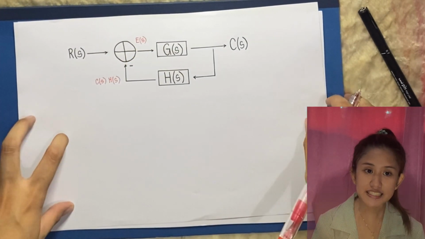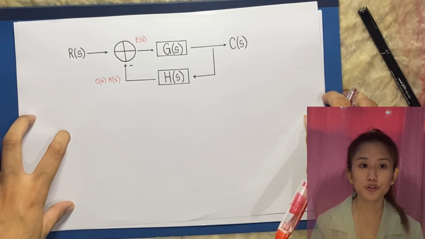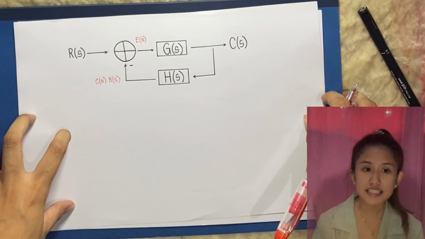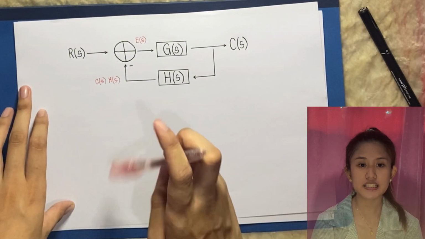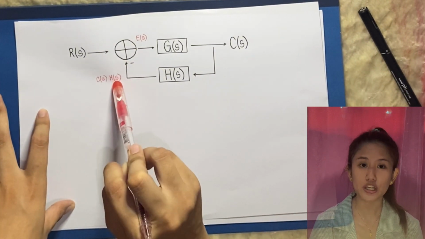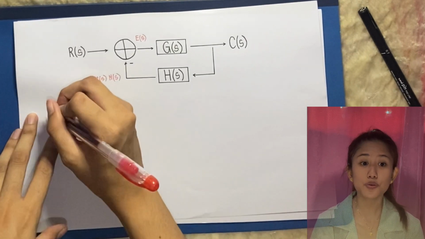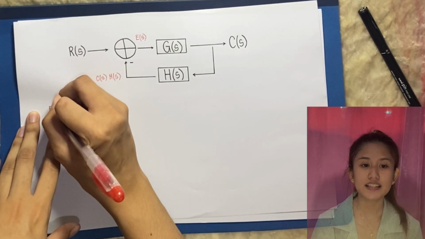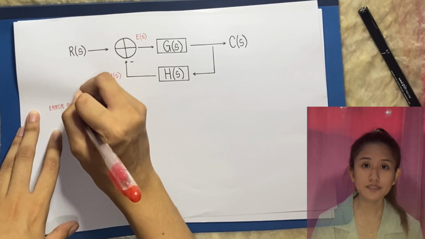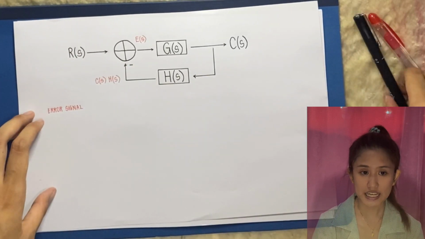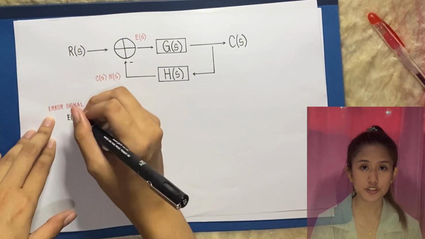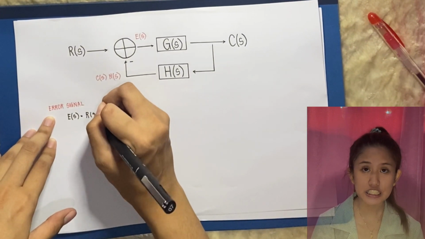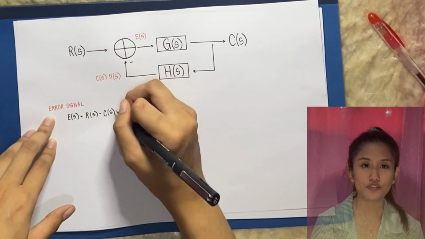So, error signal is the difference of input, which is R of S, and feedback signal, which is C of S into H of S. So, we can say that error signal E of S is equal to R of S minus C of S into H of S.